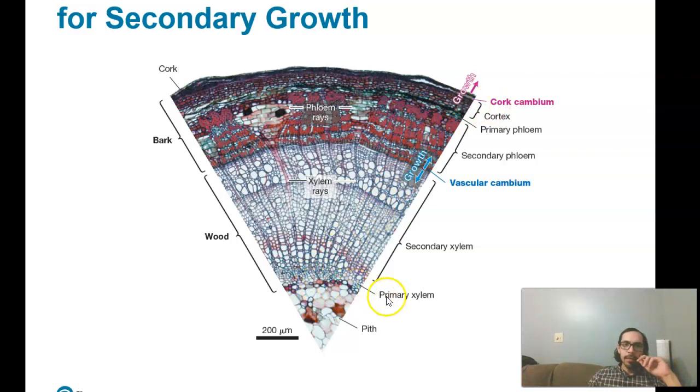Okay, so here we have the primary xylem. Here's the secondary xylem. So this is the one that's adding the actual width to the tree or plant. Here's the vascular cambium. It's in between the xylem and the phloem. So the vascular cambium produces the secondary xylem. Okay? And it also produces the secondary phloem.